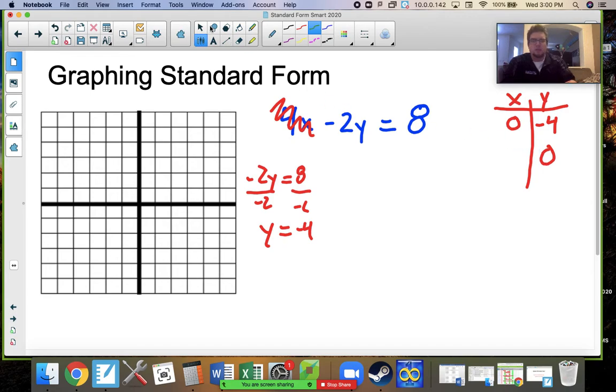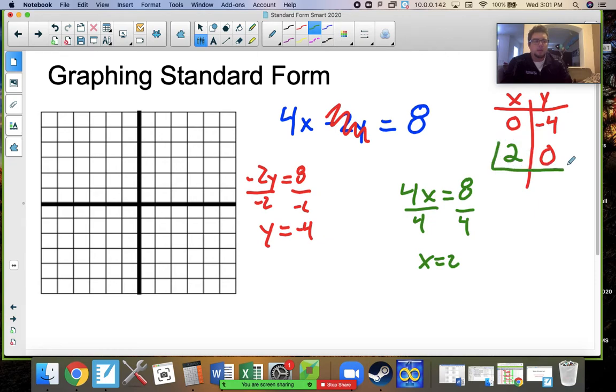Plugging 0 in for y causes this part of the equation to disappear, and I'm left with 4x equals 8. I divide both sides by 4, and x is 2. I'm going to plot these 2 points, and then using a straight edge, I'm going to connect them.